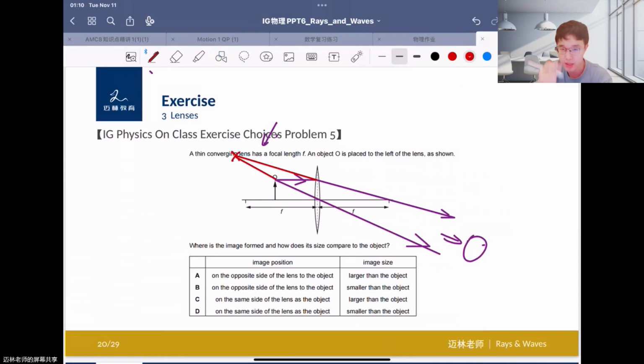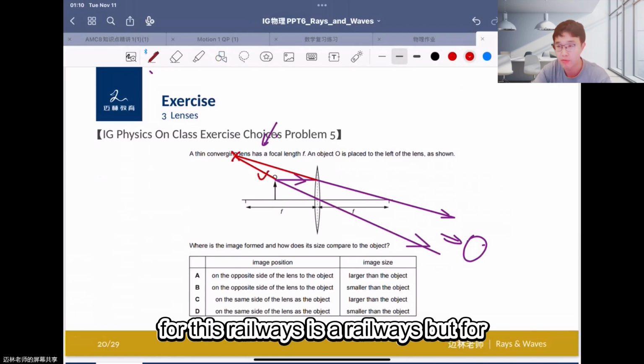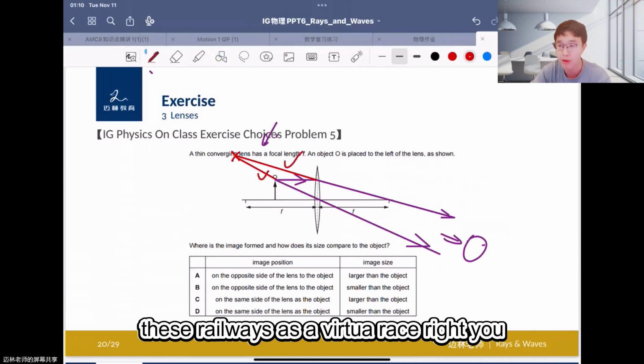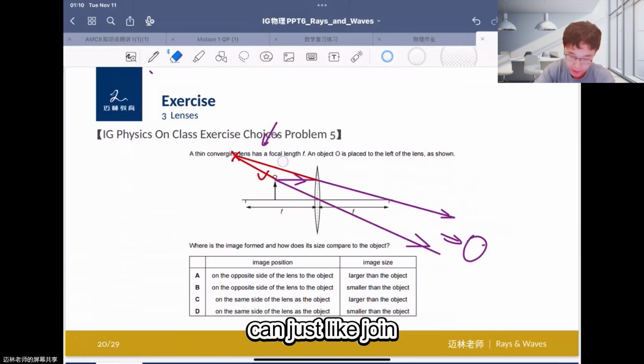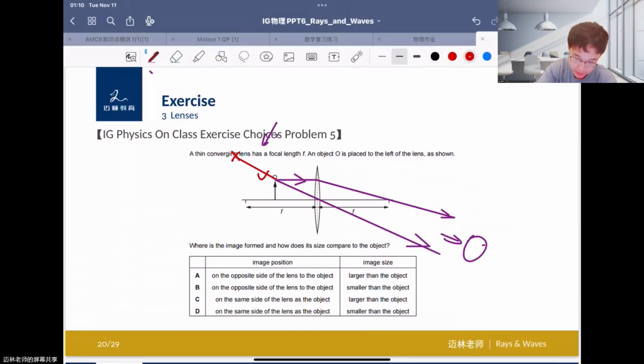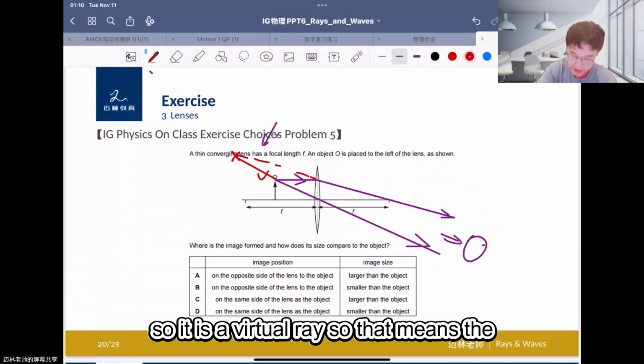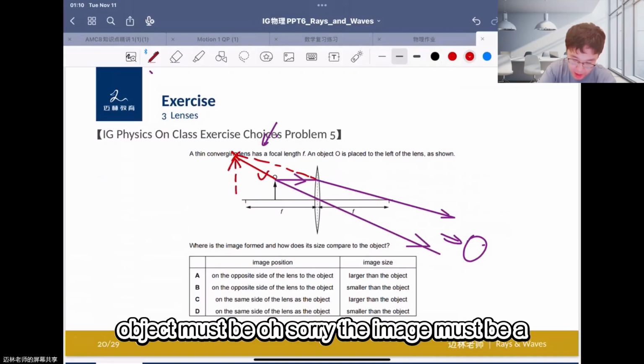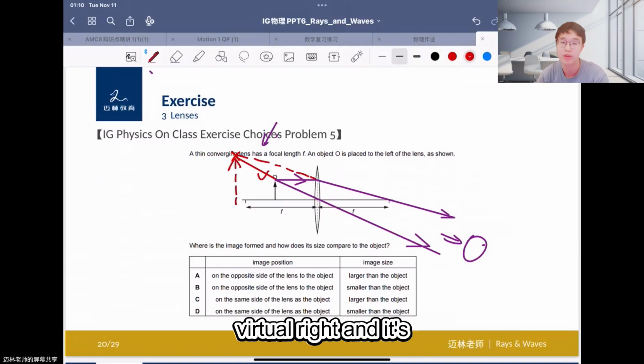The red rays are real rays, but the prolonged ones are virtual rays. You can just draw it like this way. So it's a virtual ray, which means the image must be virtual.